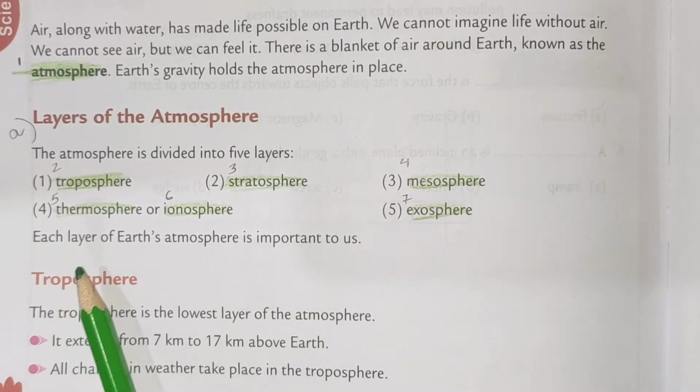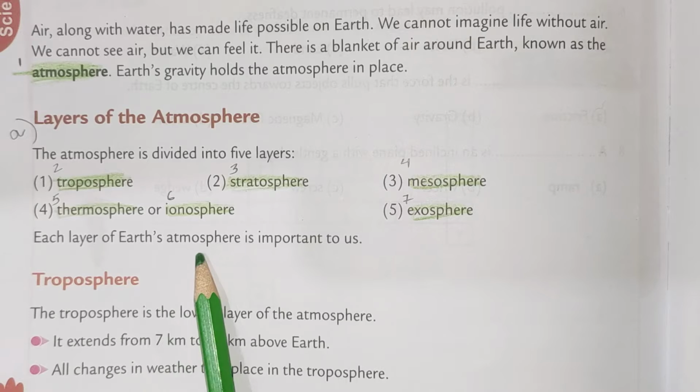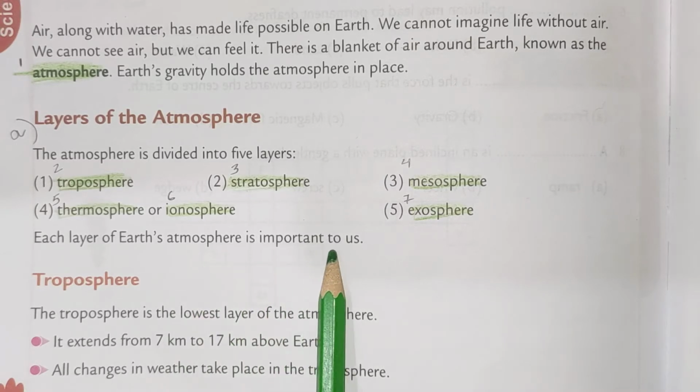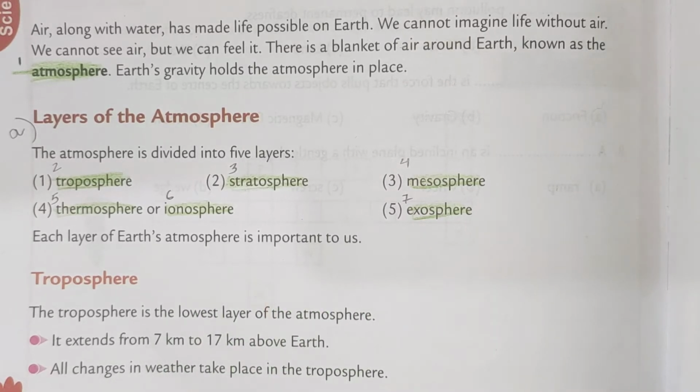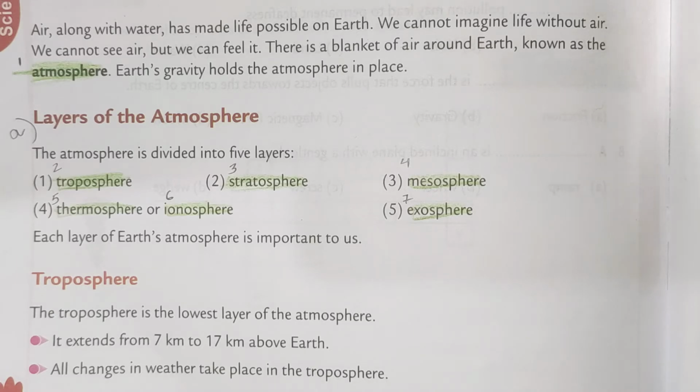Exosphere. Each layer of Earth's atmosphere is important to us. Now, below, we will be learning about the functions of the different layers of the atmosphere and where they are located in the atmosphere or in the earth.